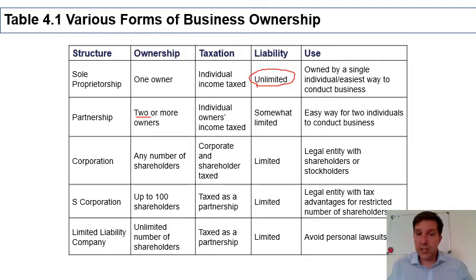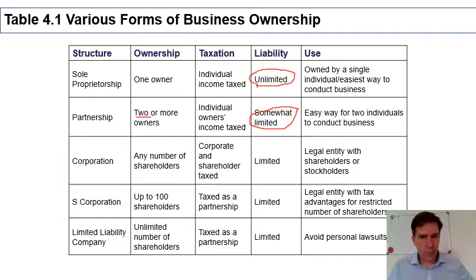What is the taxation? The owners are taxed as individuals, so it's taxed as income. Depending on the type of partnership, some of the owners might not be fully liable, okay, but there is always at least one, and oftentimes many partners, if there is a large number of partners, that are fully liable with all their assets.